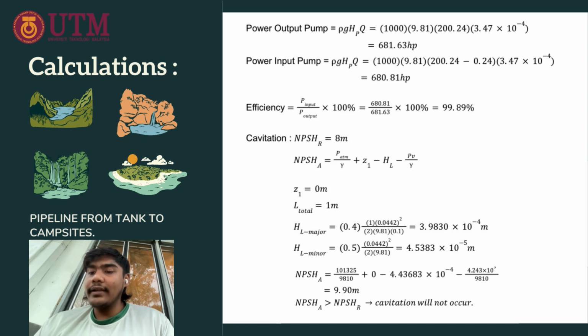Our HL minor is equal to 4.5383 times 10 power of negative 5 meter. So we take all the value and put it into the equation above for the MPSHA, and then after we calculate, we got our MPSHA equal to 9.90 meter. Which means that our MPSHA value is more than MPSHR value, so the cavitation will not occur.